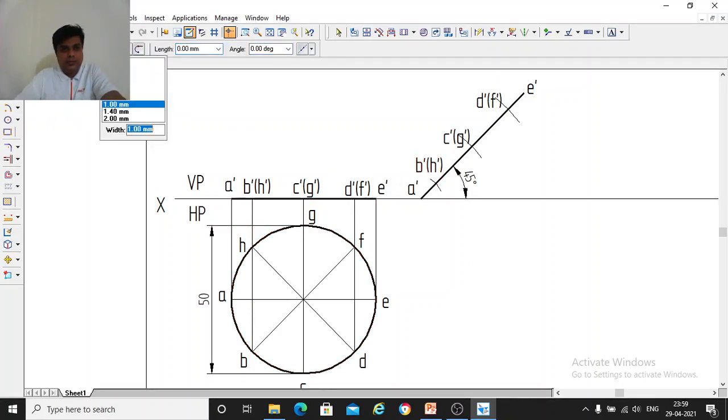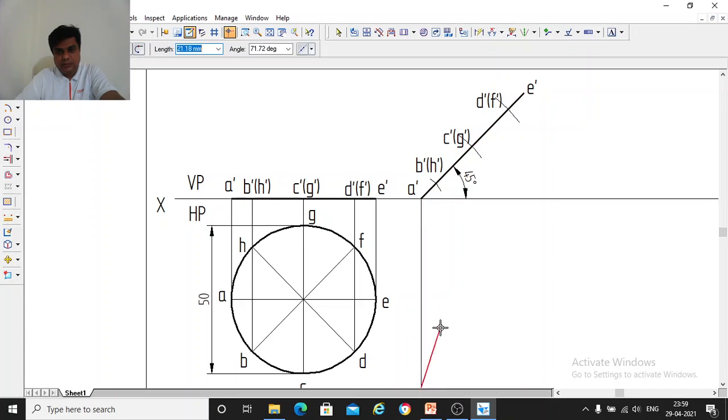So now we should draw the vertical projectors from all these points, from A, then from B, then from this C, we should draw vertical lines from all these points.